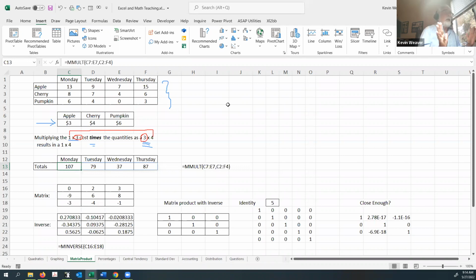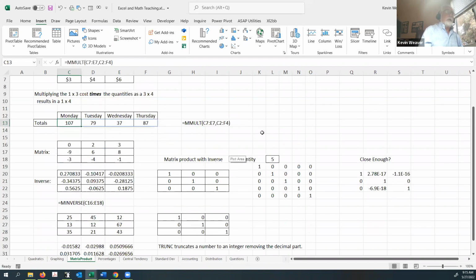On Monday, there was $107 worth of pies being sold. Tuesday, $79, and so on. The other thing that's important when working with the matrix class is to have them calculate matrix inverse.